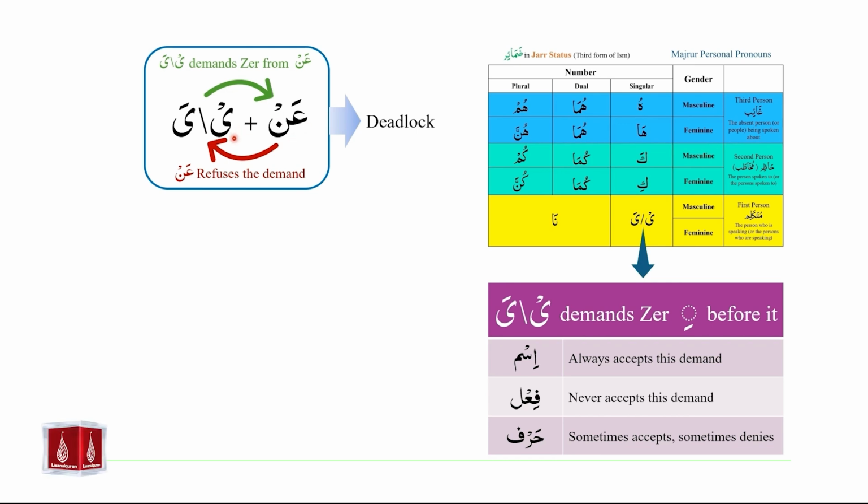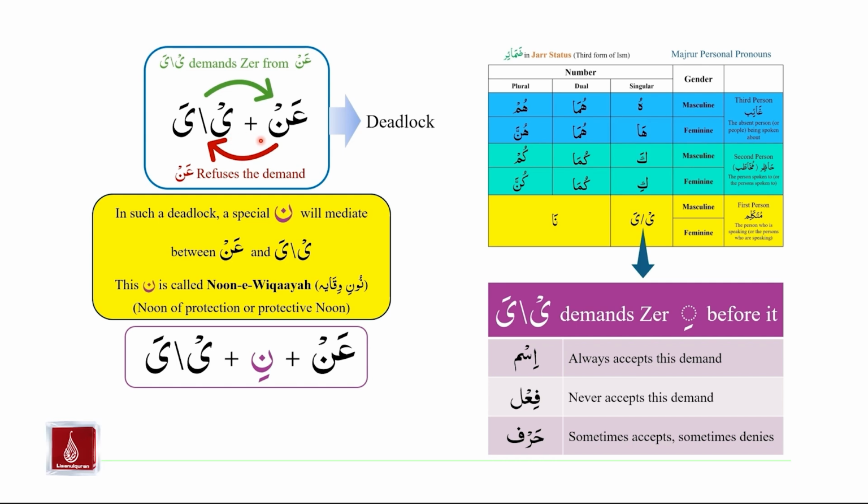In order to resolve the issue, there is a special noon that tends to mediate between an and ya. This noon is called noon-e-wiqaya, or the noon of protection or protective noon. So now we have a noon-e-wiqaya that comes in between an and ya, and this noon will accept the zair for an.